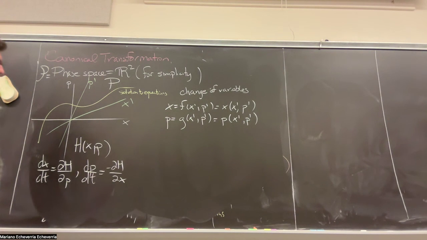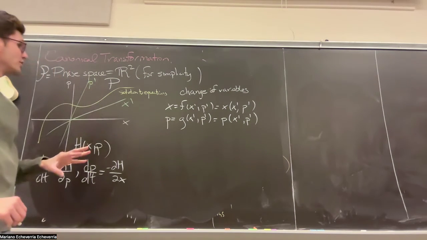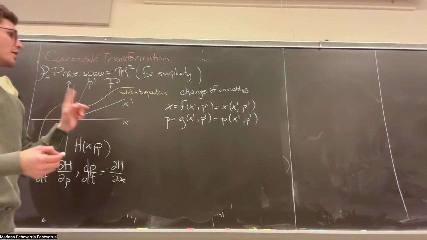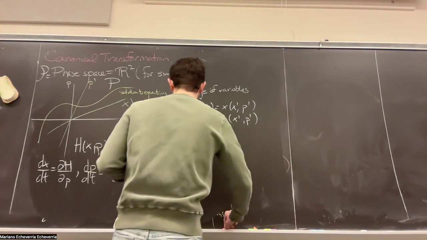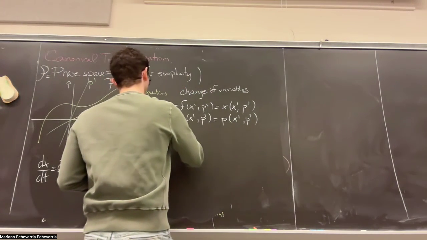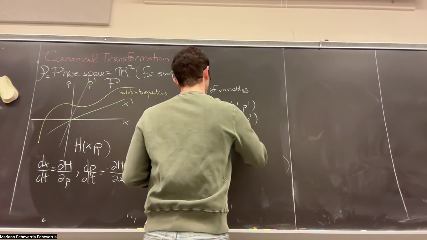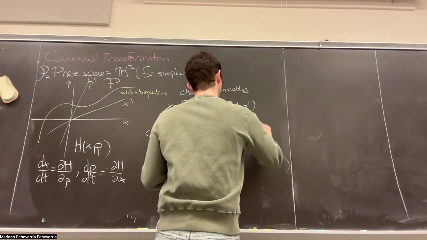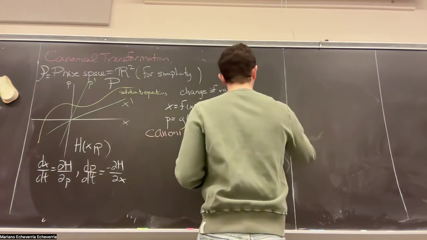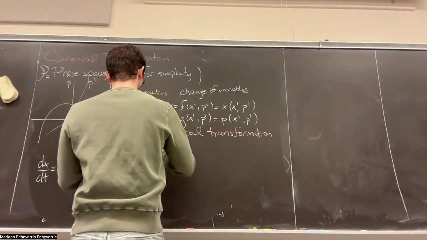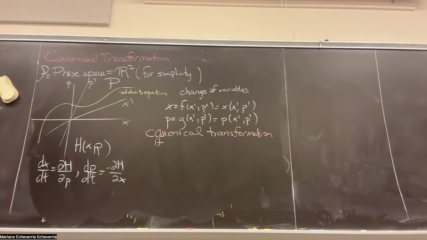So x prime, p prime are the new variables, and you say that this is a canonical transformation if what happens, well, the stuff that I have been mentioning before.